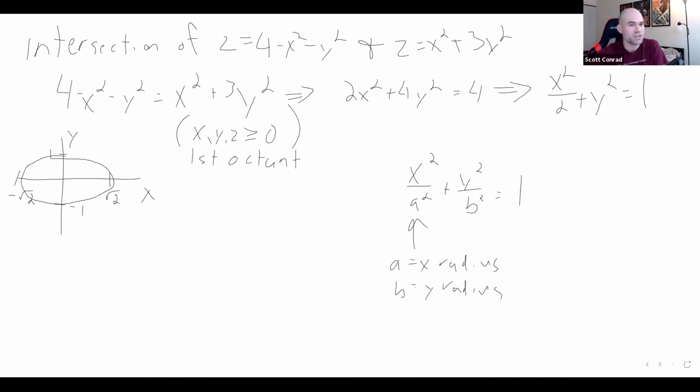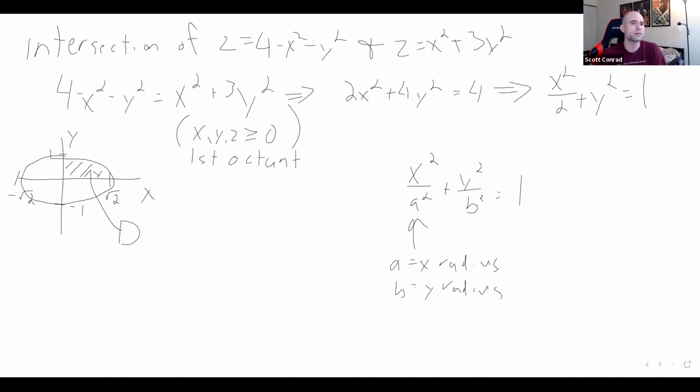So when we project that down to the xy plane to see where x and y live, we don't care about z anymore. But if x and y are both positive, it's going to be in the first quadrant. So this is our D. It's the bit inside that ellipse, which lies in the first quadrant. Okay, so that's our D.